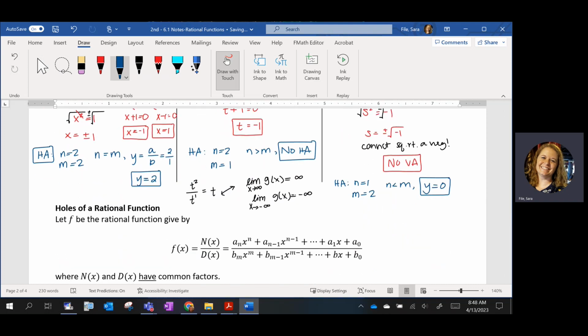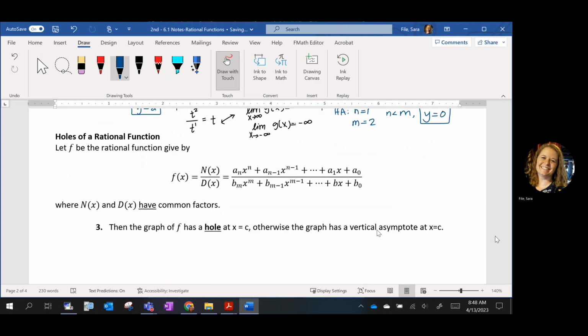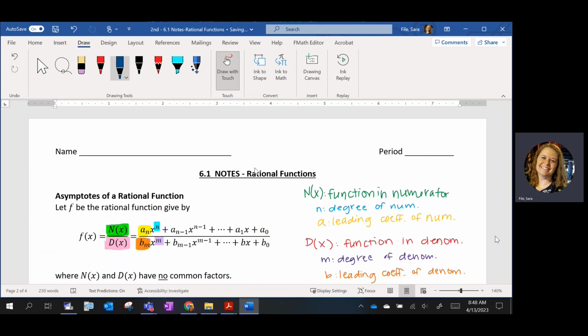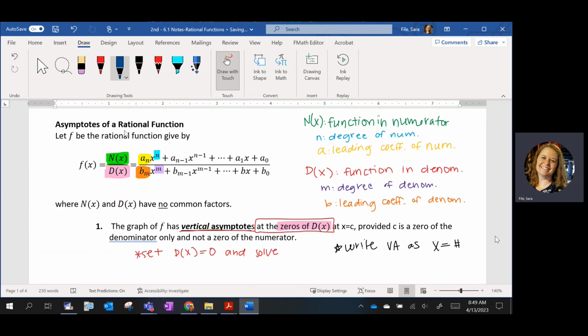Okay, so when we look at our function, sometimes there will be a factor in the numerator and in the denominator that's the same. Because if we look back up here, notice this said asymptotes of a rational function, and then it said the asymptotes are going to happen when n of x and d of x have no common factors.